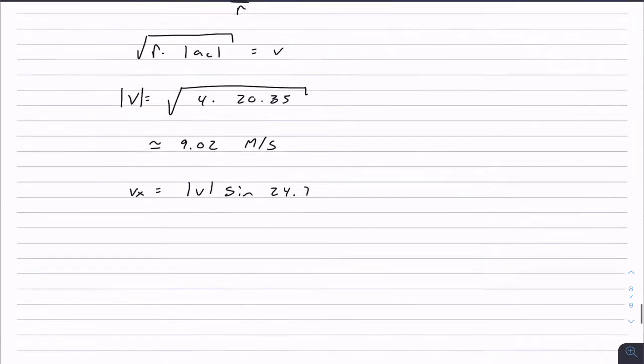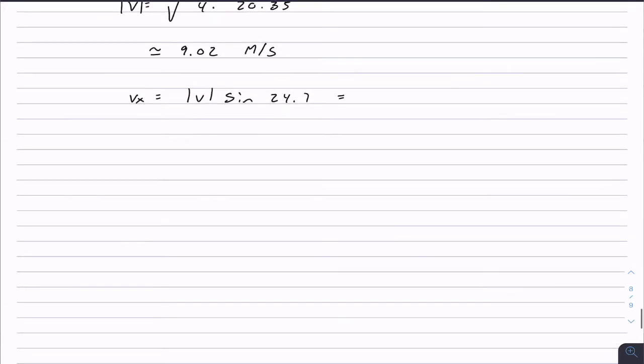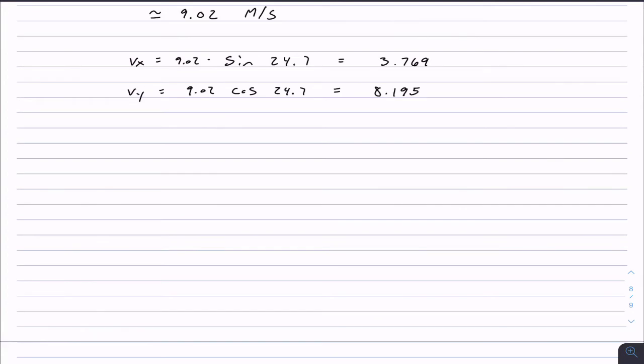And v_y is going to be 9.02 times cosine 24.7. Plugging those into Wolfram Alpha, I end up with 3.769 meters per second in the x direction, and 8.195 meters per second in the y hat direction.